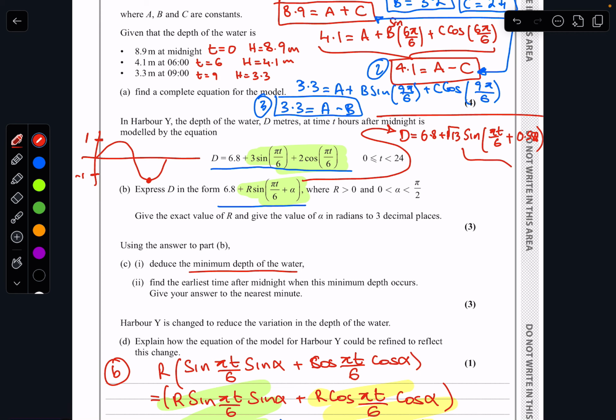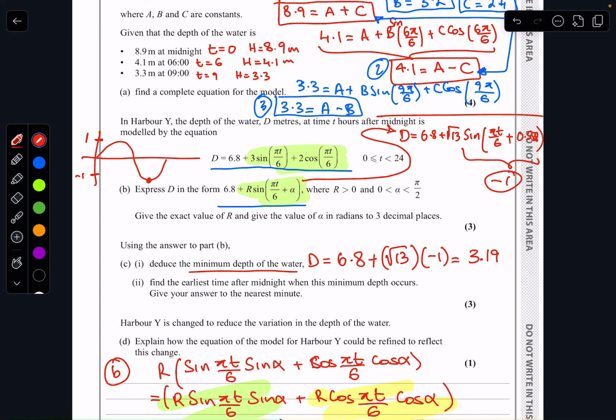So the minimum depth of the water simply becomes 6.8 plus root 13 multiplied by negative 1, and if you put this in a calculator, that gives us an answer of 3.19. Again, the reason I multiply by minus 1 is because the sine graph at the minimum point is at minus 1, and therefore you get the answer from there.